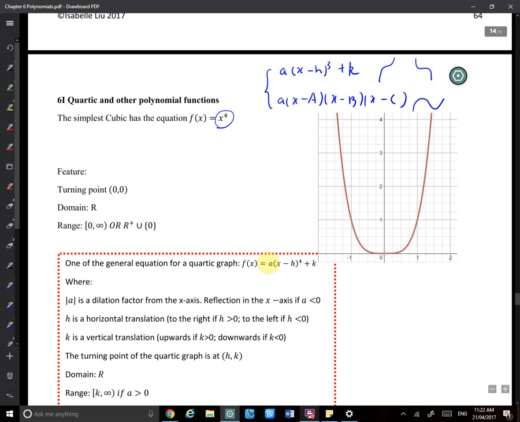If I sketch the quadratic on the same set of x-axis, you have a graph that looks like this. They intersect at negative 1 and 1, that's the point of intersection, 1, 1 and negative 1, 1. They intersect here and also intersect at 0, 0.